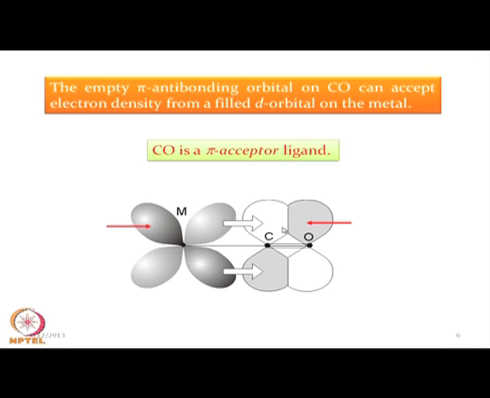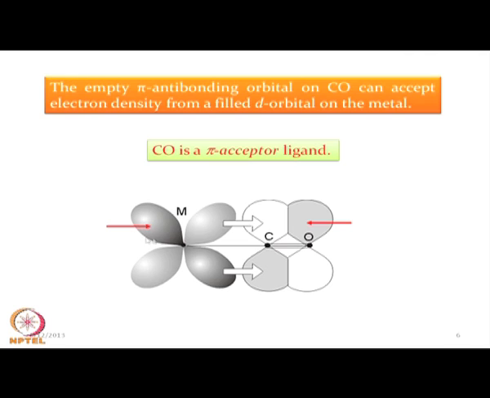This is the pi star orbital we have shown just now, and since this carbon atom is bonded to the oxygen atom, they are not going away to a long distance. The only thing is that this is antibonding, and if we have electron density in this antibonding level, our bond order changes. We all know that if electron density is there in this antibonding level, the CO bond order will be diminished.